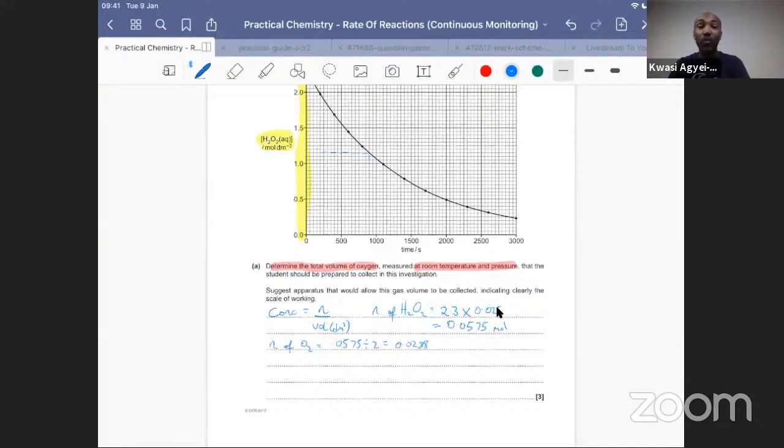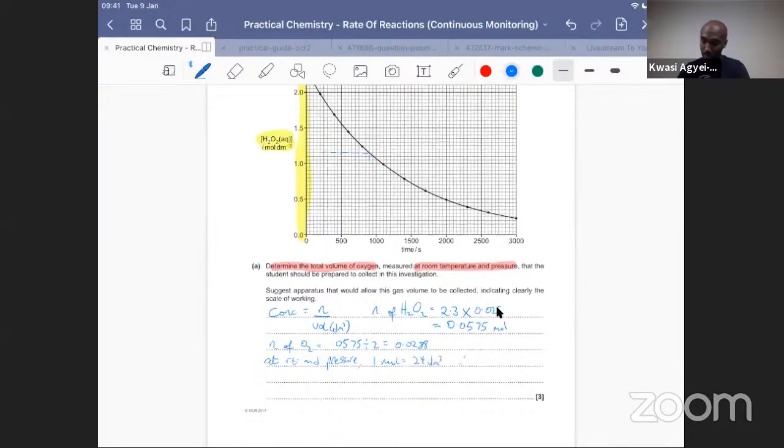And then from that, we can use the fact that this reaction is being carried out at room temperature and pressure. So the volume of oxygen is being measured at room temperature and pressure. So we know that at room temperature and pressure, 1 mole equals 24 dm cubed.